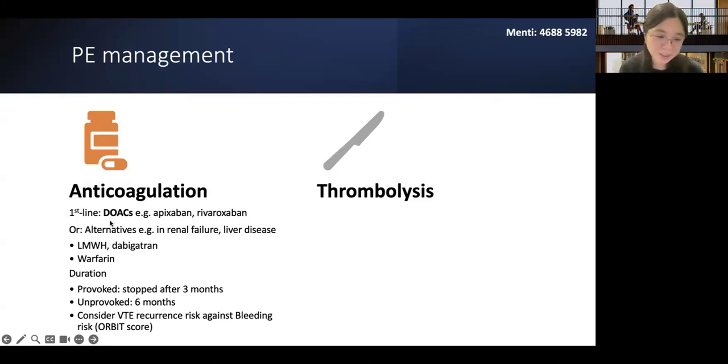So just remember DOACs. The duration varies depending on whether they had risk factors or not. If they had some risk factors, like a surgical procedure earlier on, then you can stop it in a shorter amount of time. And one other thing to consider when prescribing anticoagulants is to weigh it against the risk of bleeding, which would be measured using the ORBIT score.